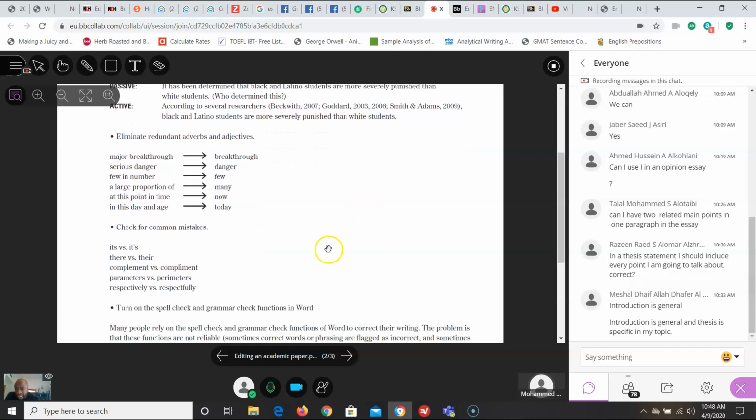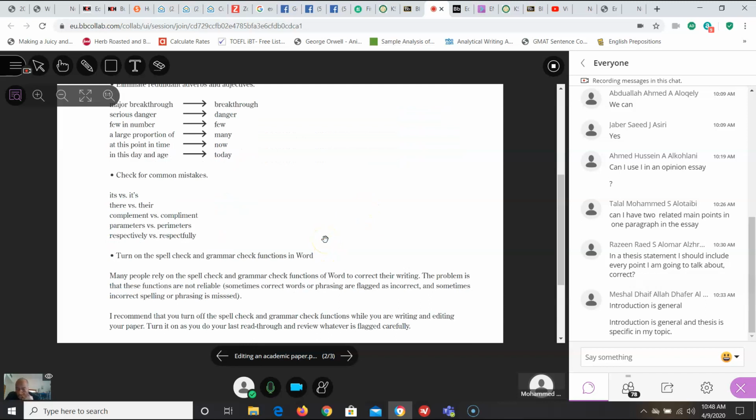Check for common mistakes. All right? These are common mistakes that everyone makes, even native speakers. It's versus its: it's is a contraction, it is, and its is the possessive. There versus their. Okay? There being a location, their meaning possessive form. Complement and compliment. Complement means to add on to make something better.